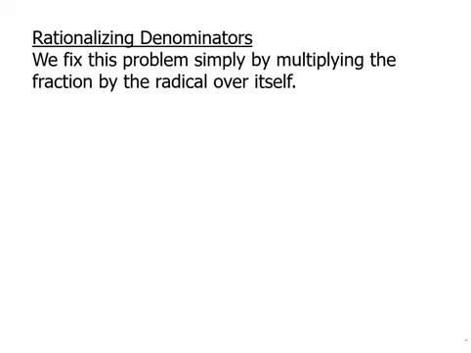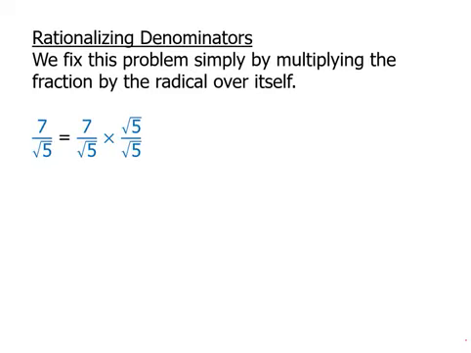We fix this problem simply by multiplying the fraction by the radical over itself. So in particular, 7 over root 5. We want to get rid of that square root in the denominator, so we're going to multiply by root 5 over root 5. Of course, we can multiply by anything over itself, because anything over itself equals 1. Now notice what happens in the denominator.